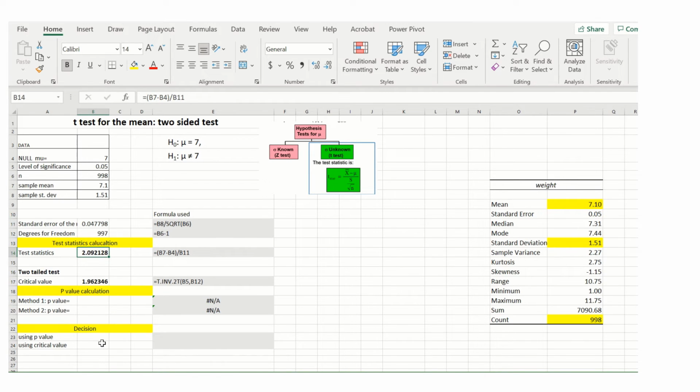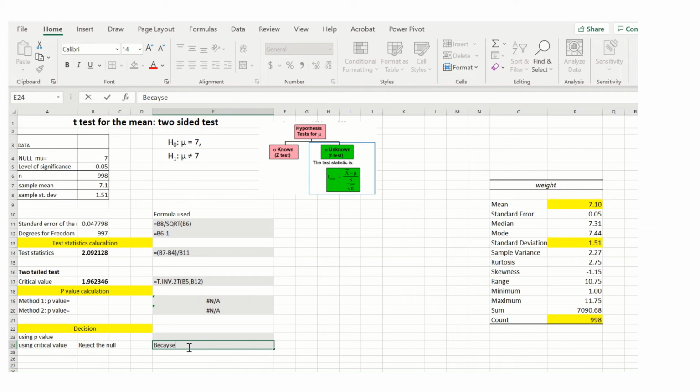So one way to make a decision by using the critical value is to see whether my test statistics is above, in absolute value, a critical value. And apparently it is the case. So we reject the null. We reject the null of mu is equal to 7. Why?